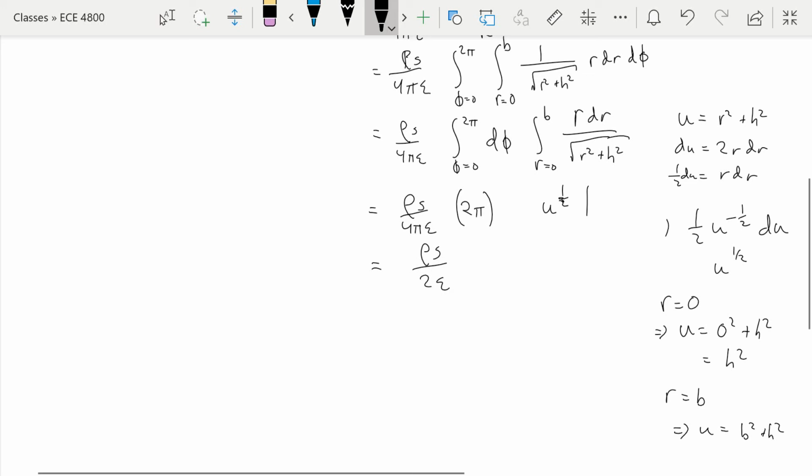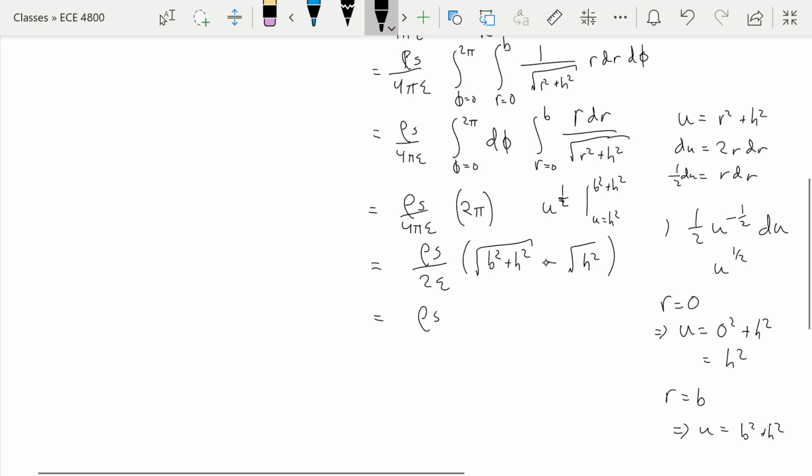So we have to transfer that over to the variable u. When r is equal to 0, u is equal to h squared, and when r is equal to b, u is equal to b squared plus h squared. So we actually have to substitute that in there: the square root of b squared plus h squared minus the square root of h squared. All right, that's the proper way to do this.